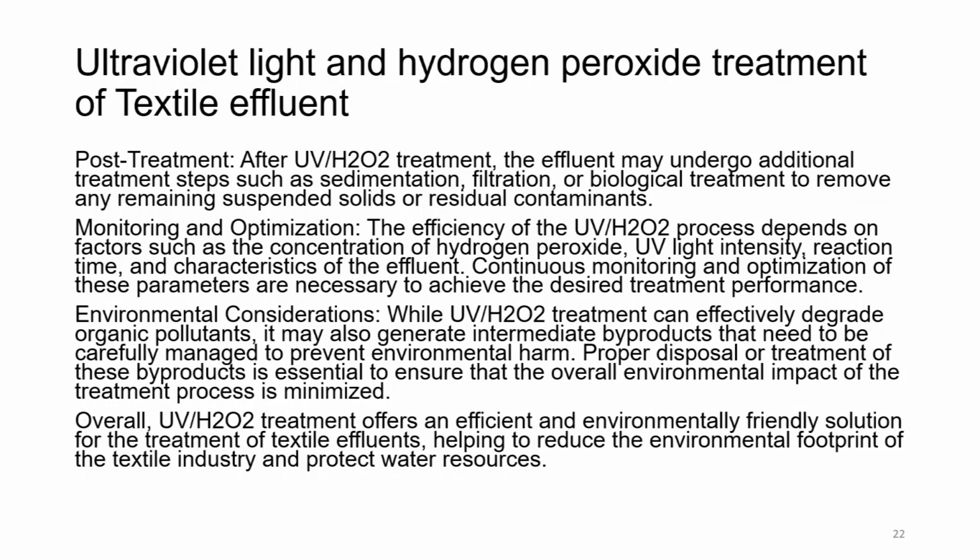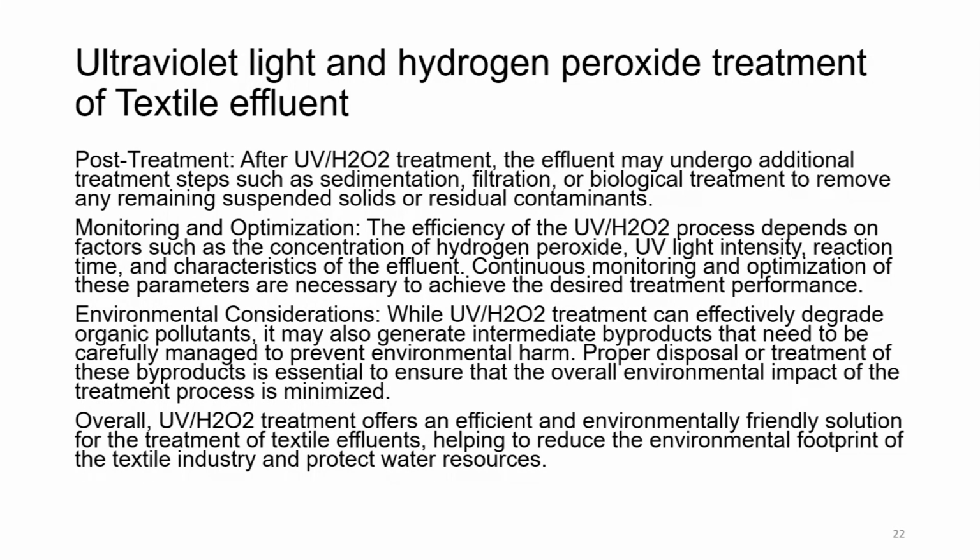Post treatment. After UV and H2O2 treatment, the effluent may undergo additional treatment steps such as sedimentation, filtration or biological treatment to remove any remaining suspended solids or residual contaminants. Monitoring and optimization. As I mentioned in the previous lecture also, in all processes, monitoring and optimization is a must.